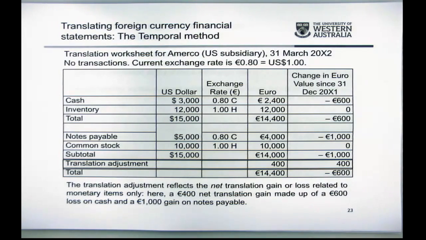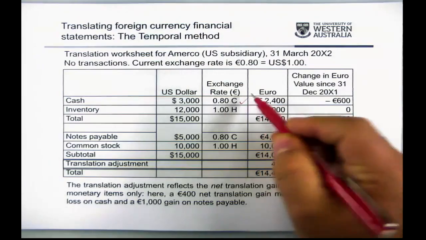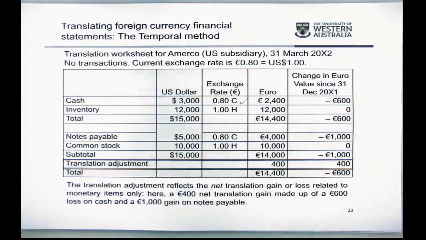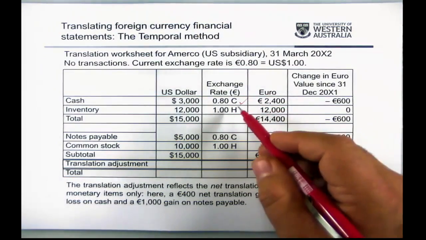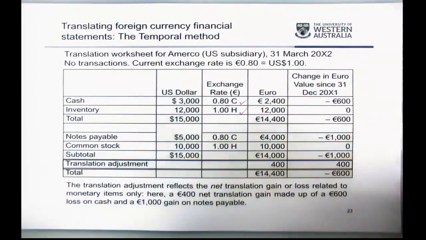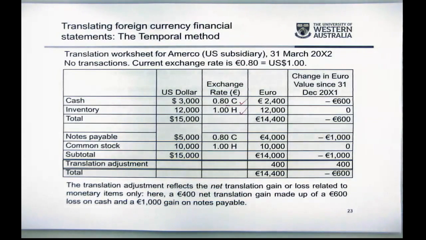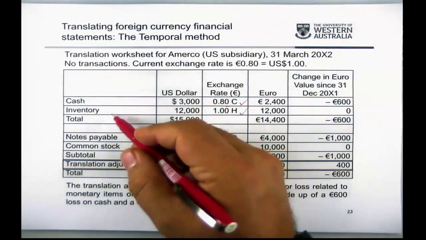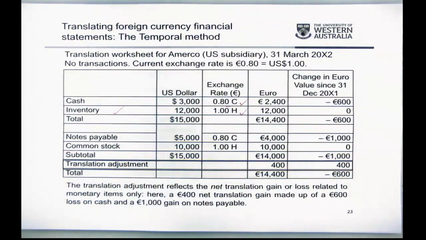So cash is a monetary item, so we translate it at the current exchange rate. Inventory, because the firm didn't purchase additional inventory or make sales, we use the historical because it has the nature of a non-monetary item.